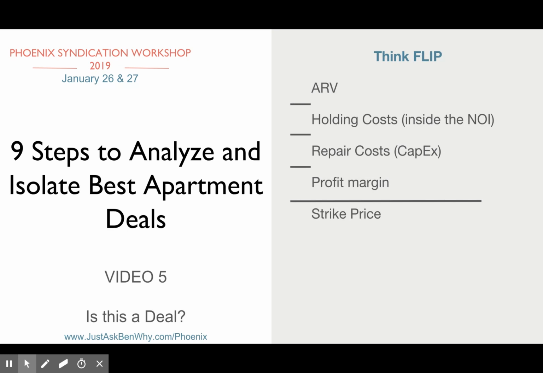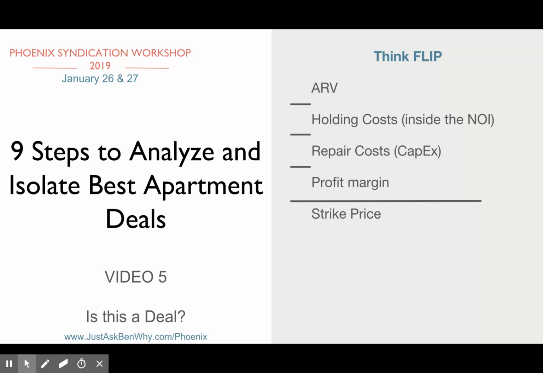I want you to think flip. I don't know if you've ever flipped a house. And obviously, please take this with a grain of salt, it's a lot more complex than what I'm about to illustrate here. But at the end of the day, in big strokes, think flip.